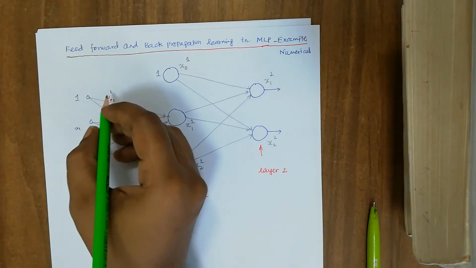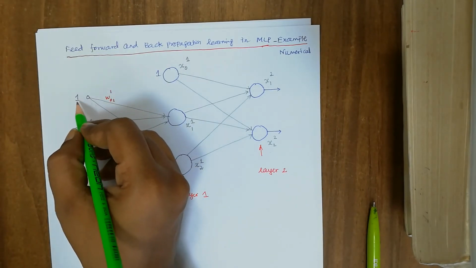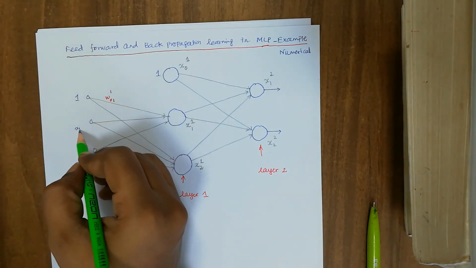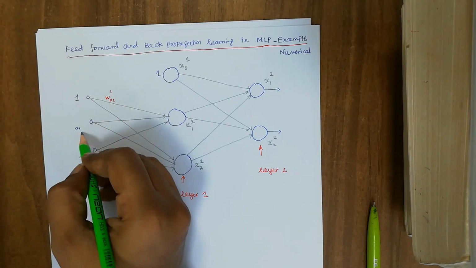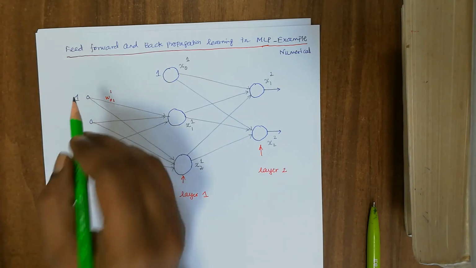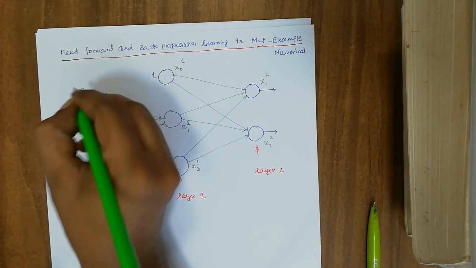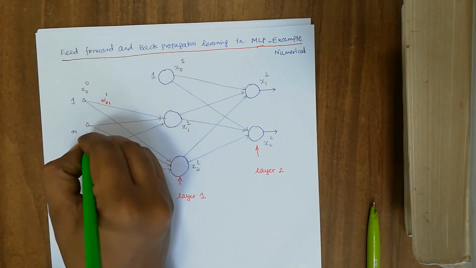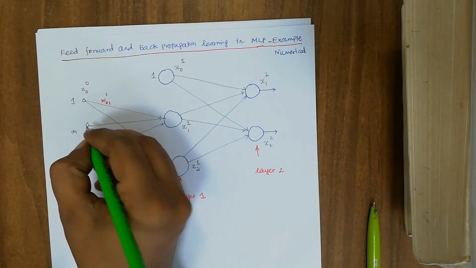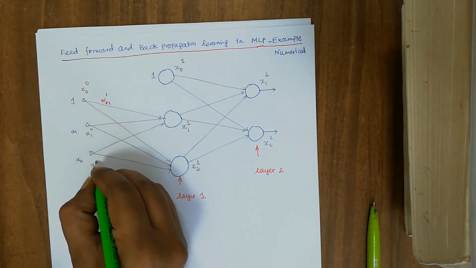Okay, so similarly the input to the input layer goes x1, x2, actual values x1, x2 appended with 1. Okay, so we can also write this as x0 in the 0th layer, x1 in the 0th layer, and then x2 in the 0th layer.